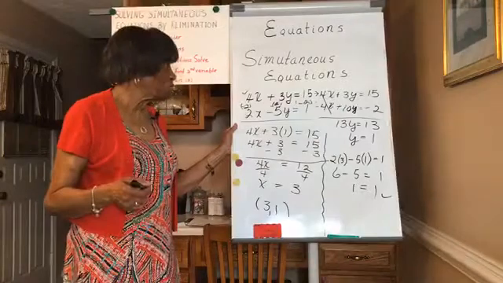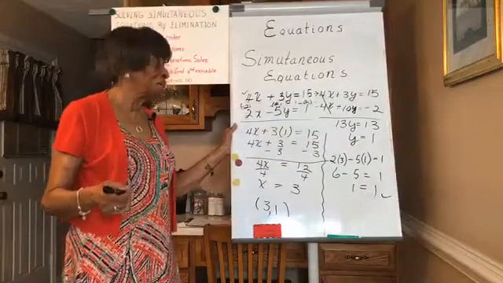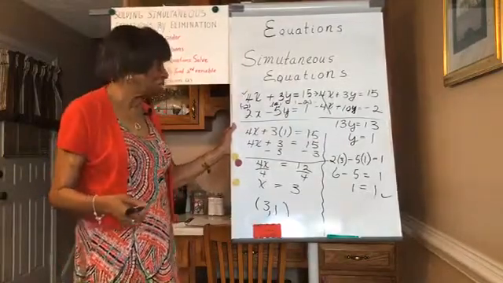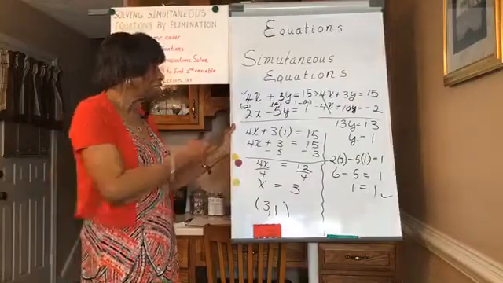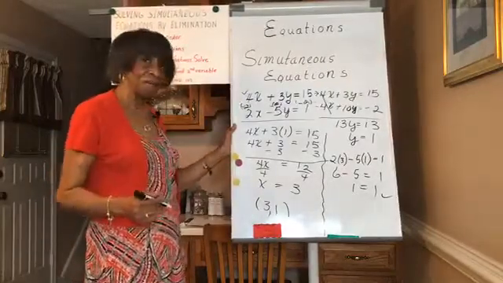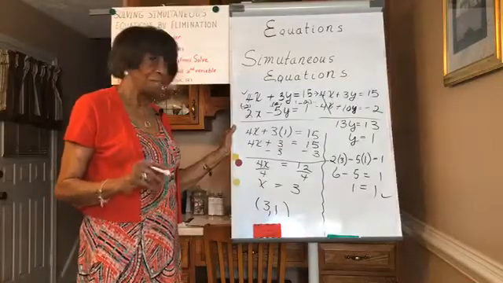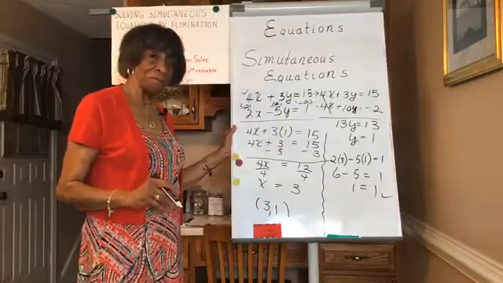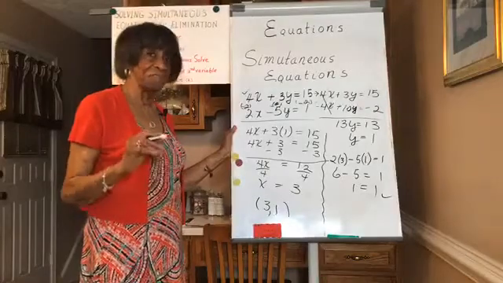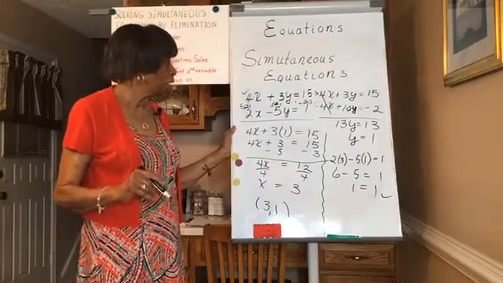One week we're going to do 3 equations with 3 variables. That's really going to be interesting. These are simultaneous equations because they're 2 equations that are solved at the same time. They have the same variables and the values of those variables are the same.